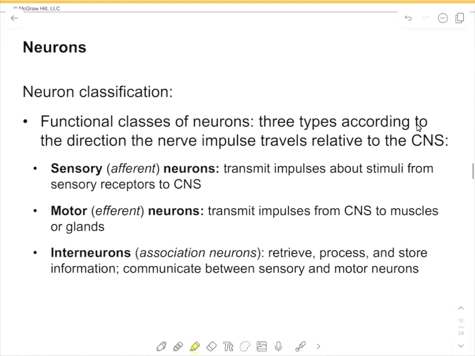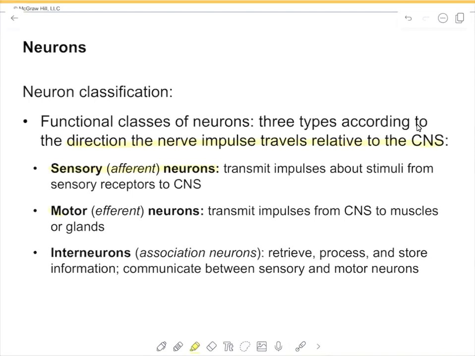So neurons are classified not only by their structure, but also based on their function. The function is all due to the direction that the nerve impulse travels relative to the central nervous system. If information travels towards the central nervous system, they are called sensory or afferent neurons.